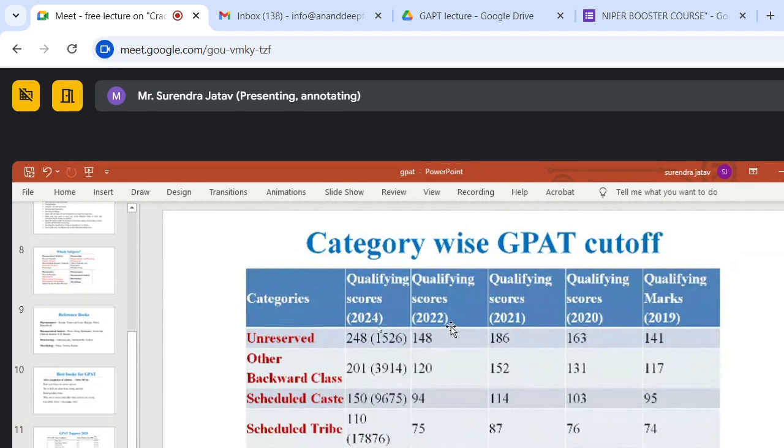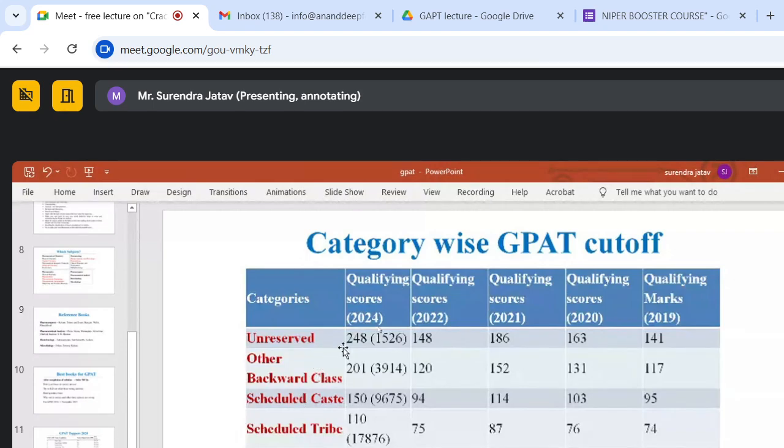So this is the scoring, and this is the cutoff value. Like in 2014, out of 500, the cutoff for the unreserved category was 248 marks.